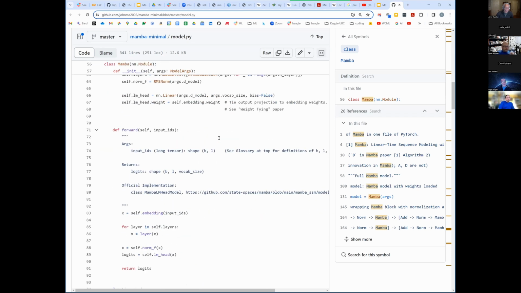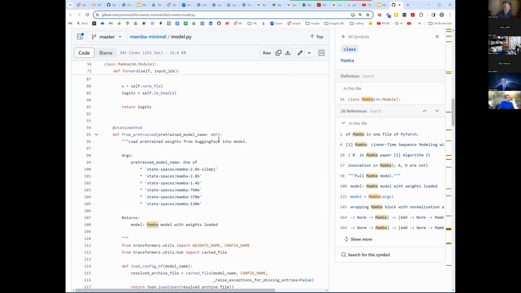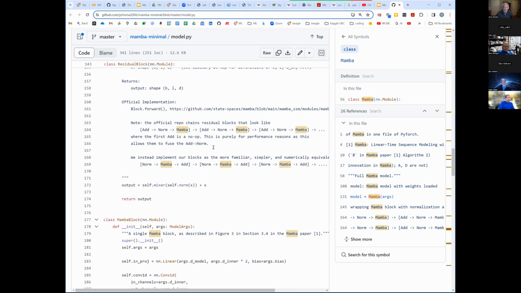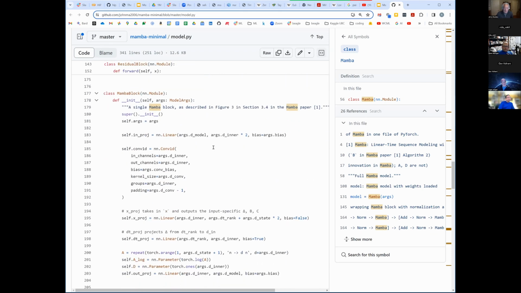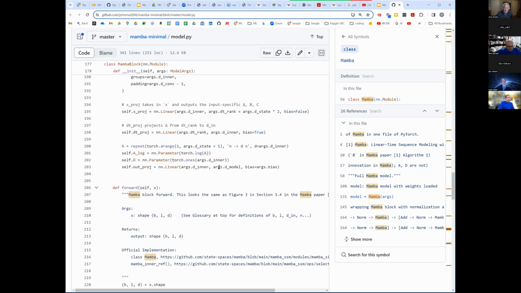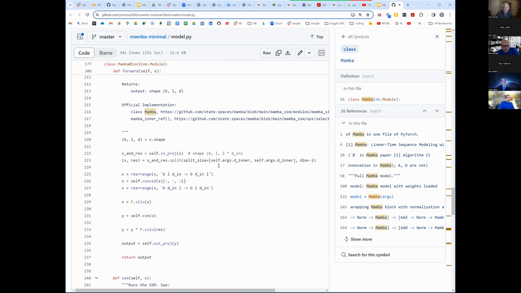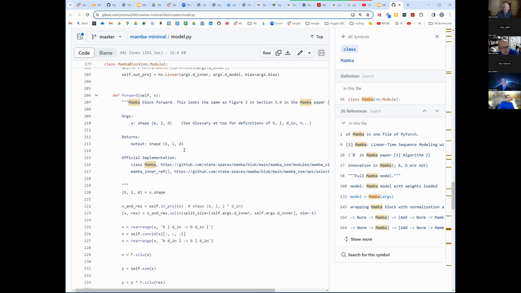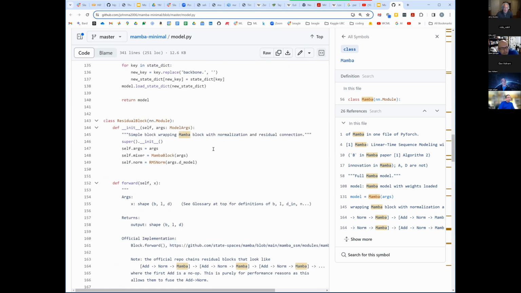Mixer seq simple PY under modules. Okay. Oh, sorry. What I'm talking about is in the main code base, not this one. Sorry, isn't this the main code base though? The Mamba minimal.